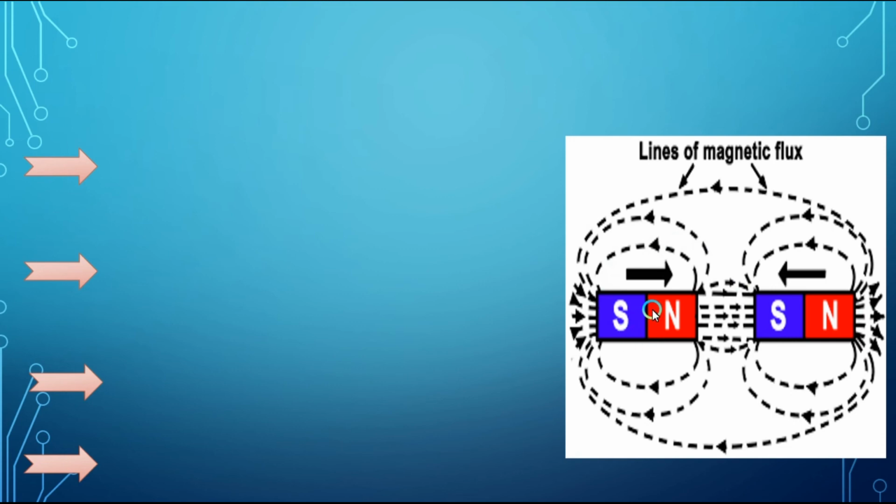When the lines are spaced apart from each other, that means the magnetic force is not so strong. But here, the lines are so near, so close to each other, that means the magnetic force is very, very strong. Do you get it?